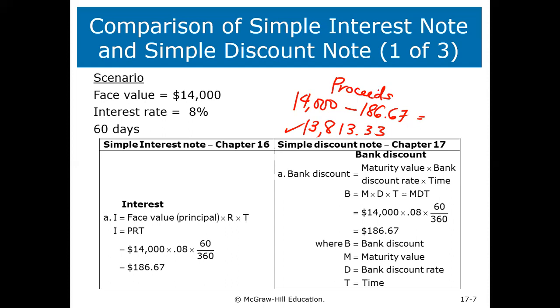Because that's what a simple discount note is: you borrow and then you don't get everything. The discount has to be subtracted. So here, the borrower will only get 13,813.33 out of the loan amount of 14,000.